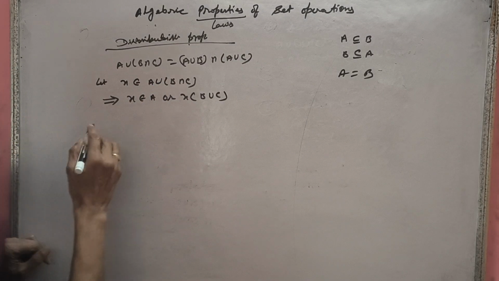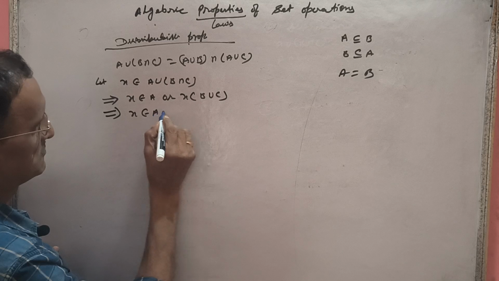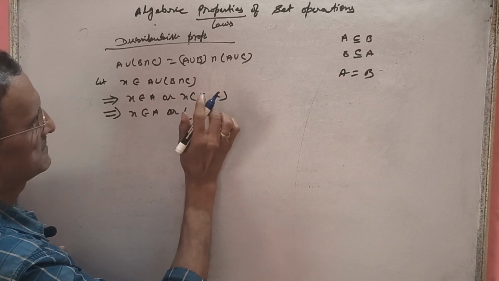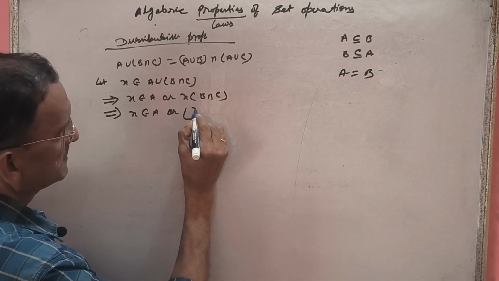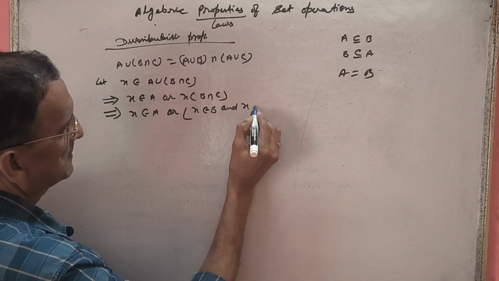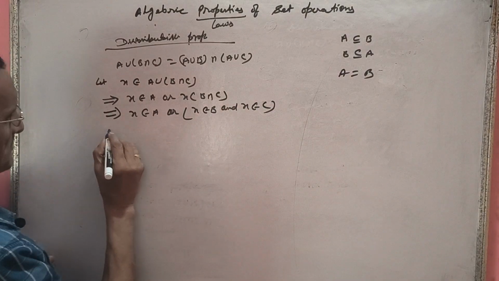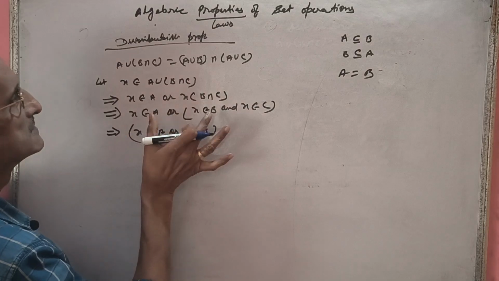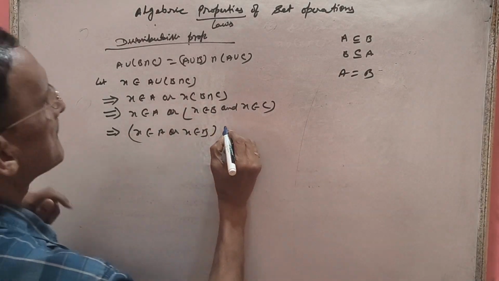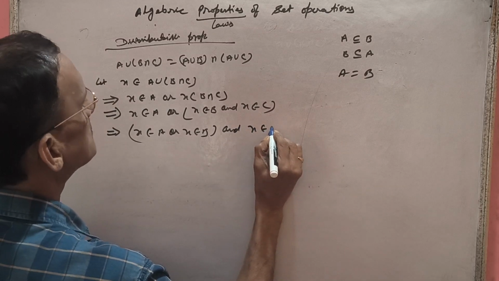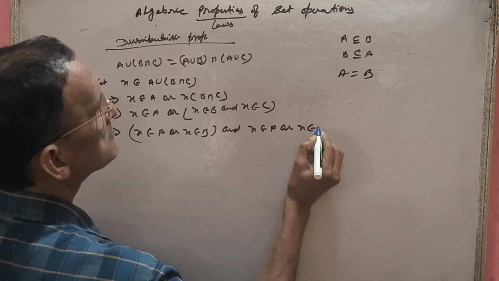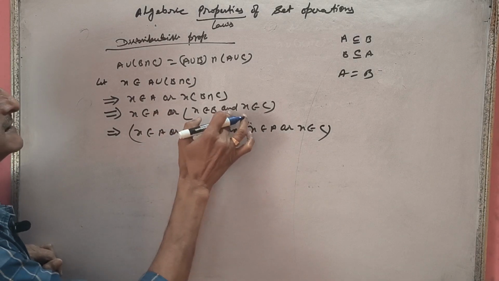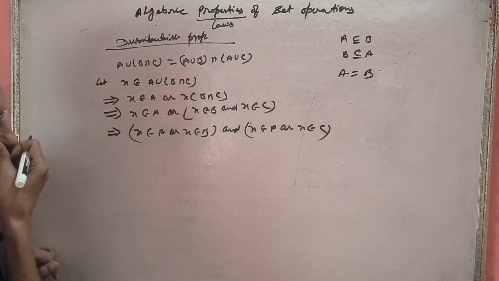Now, X belongs to A or, removing the bracket, again the meaning of intersection: X belongs to B and X belongs to C. Now remove the bracket: X belongs to A or X belongs to B, this and this together, and X belongs to A or X belongs to C.